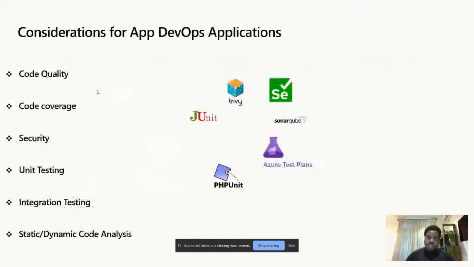So moving on to what I feel is the core focus of this talk. The reason why I call it considerations for DevOps applications is that right now a lot of companies are gradually migrating to the position where they want fully automated IT departments, right?